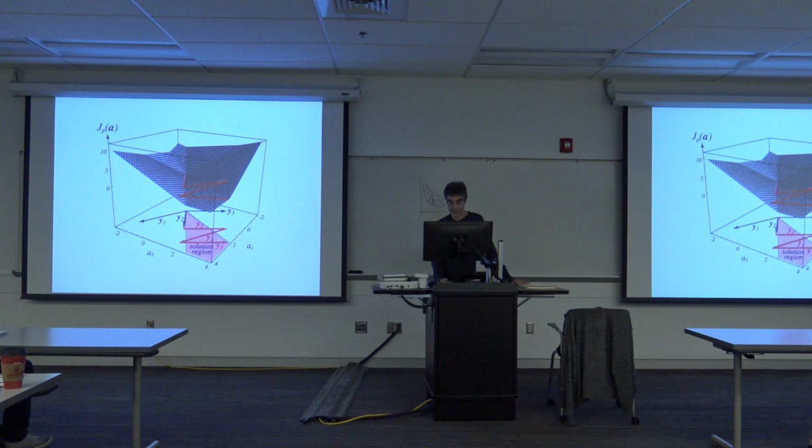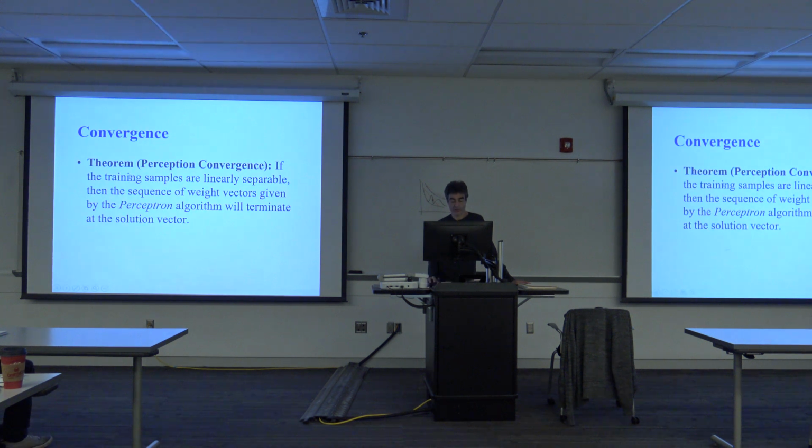So that actually leads us to this famous perceptron convergence theorem, which says that this algorithm is always guaranteed to converge if the data is linearly separable. Okay? If the data is not linearly separable, good luck. Right? It's not going to converge.